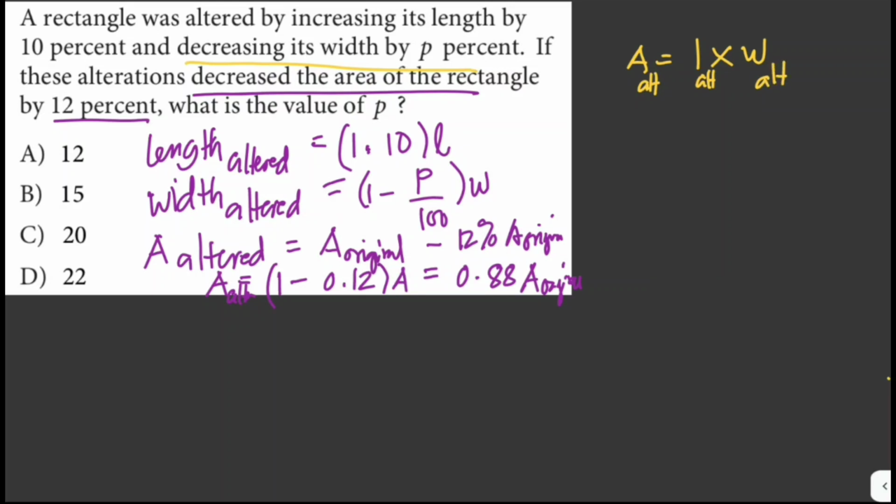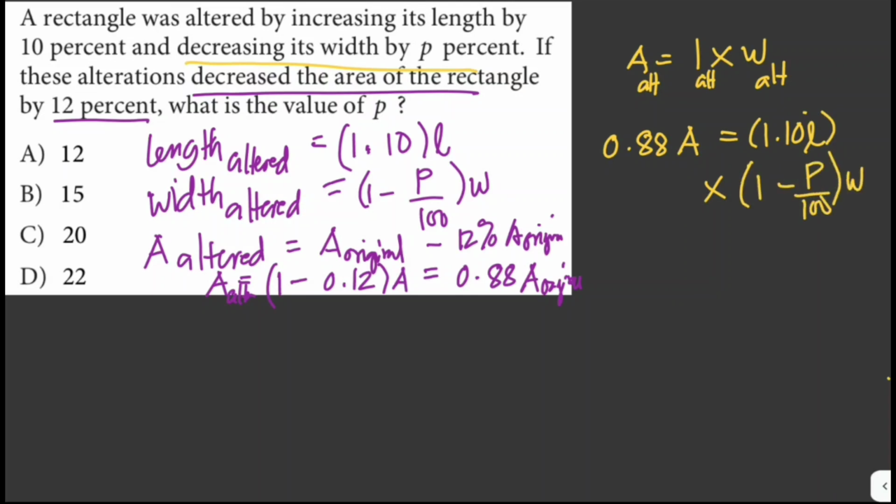So we can just plug in everything to solve for P. So this is just 0.88 A equals 1.1 L times 1 minus P over 100 W.